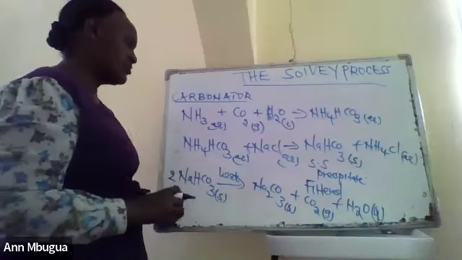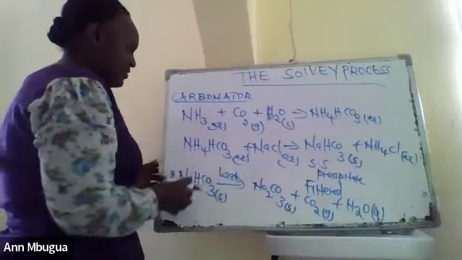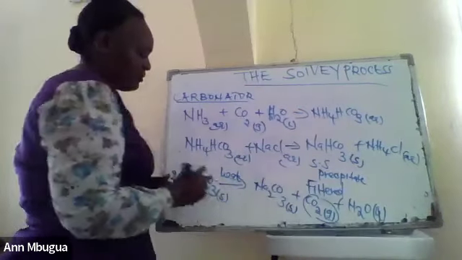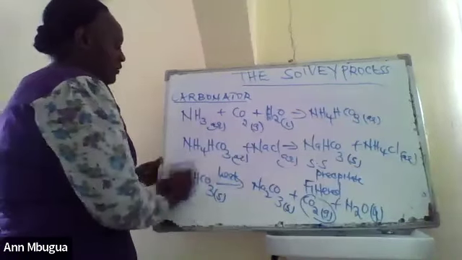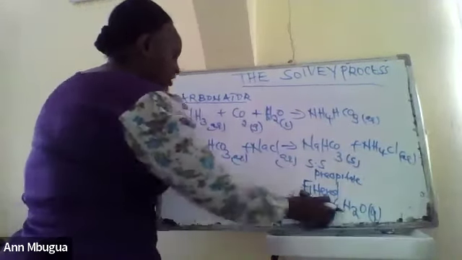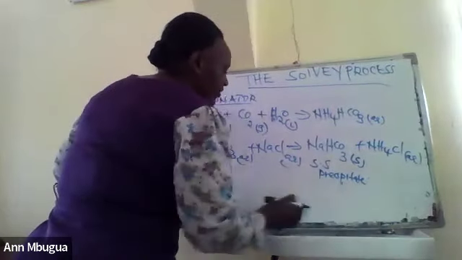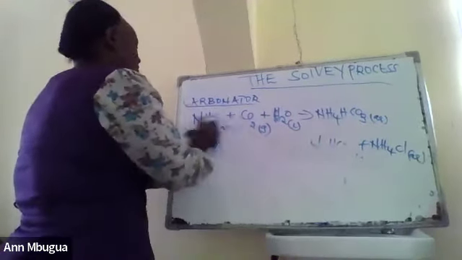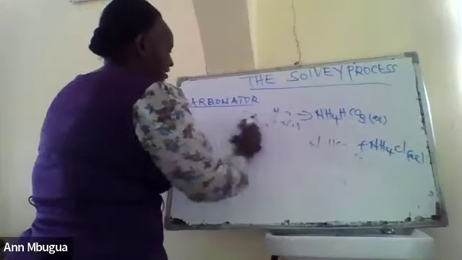You can combine the whole equation or you can write it in straight form. So let's go back to the carbon 4 oxide. We said the carbon 4 oxide produced here is returned back to the carbonator. We now move on to the kiln where we had coke and limestone. The coke is amorphous carbon.